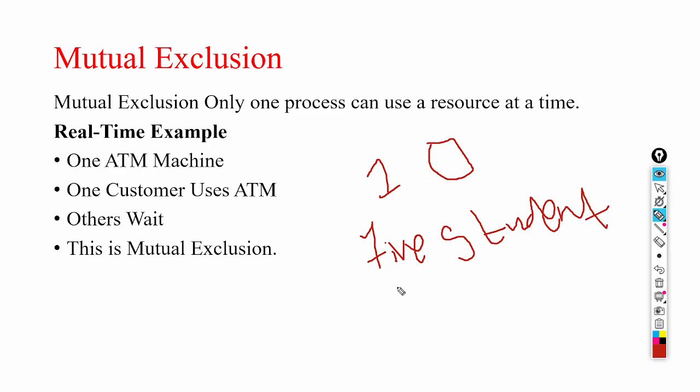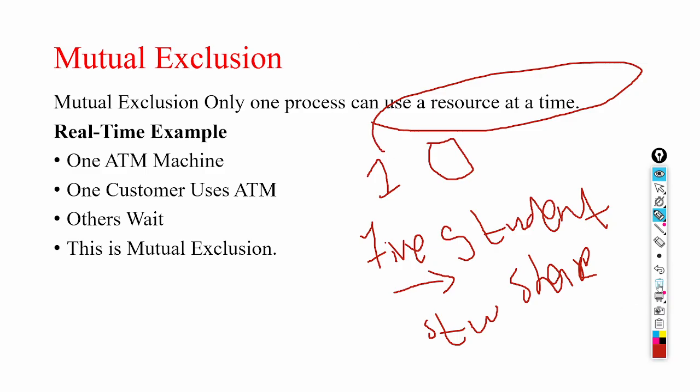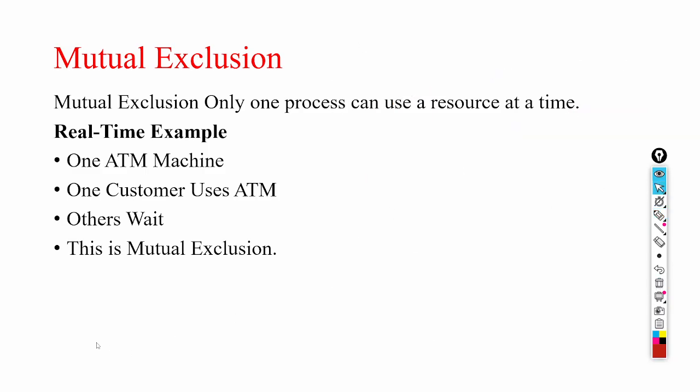So only one student can print at a time, and the remaining students must wait. The waiting occurs because the printer cannot be shared simultaneously. This we call mutual exclusion. Moving to the next one.